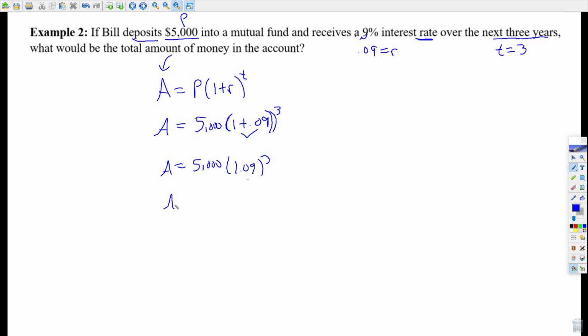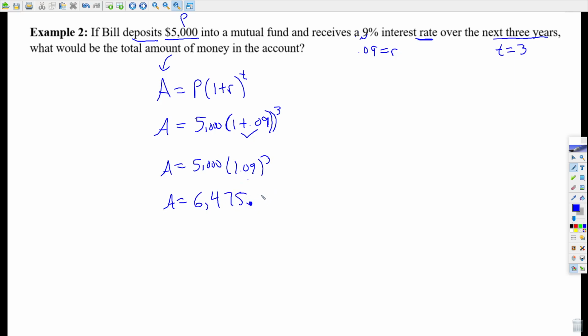So I'll just put the final answer down here. We would expect this to be more than $5,000 because we're getting interest on that. So I'm going to do 1.09 to the third power, which is like 1.295. I'll keep all those decimals and multiply by 5,000. So I get about $6,475.